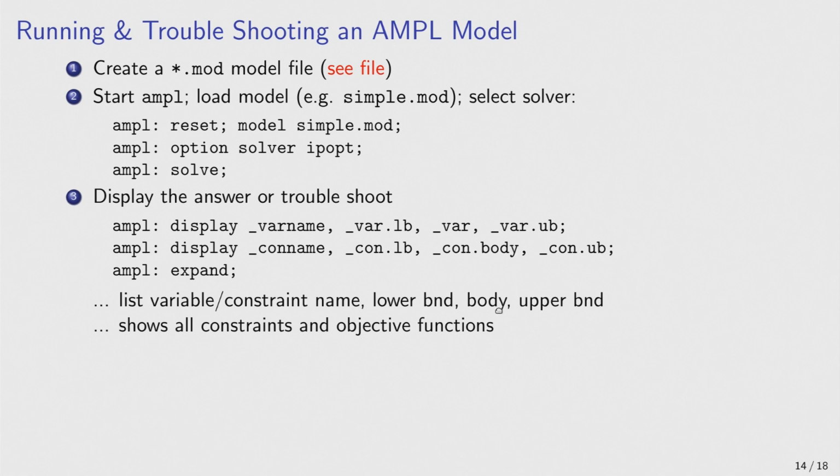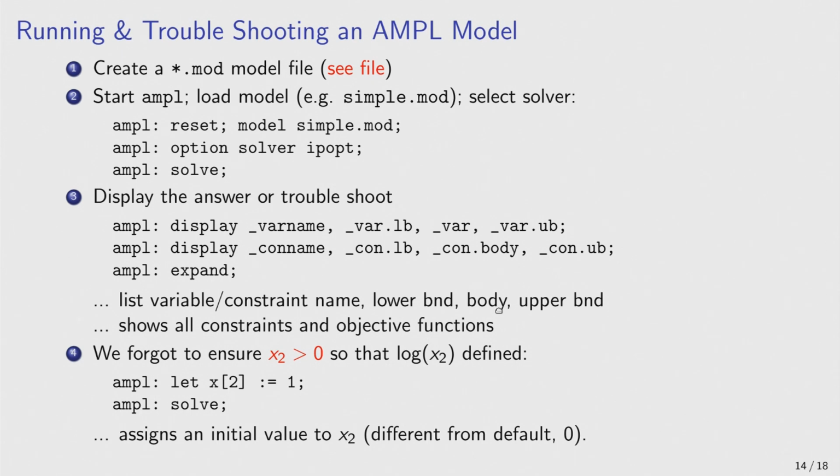So this is a convention in AMPL that you can access variables and constraints with this underscore. And underscore con name, for example, for our problem, the constraint was called con. The variables were called x1 through x3. So that's the name of the variables. And this would just list the names of the variables and show you what the values are.